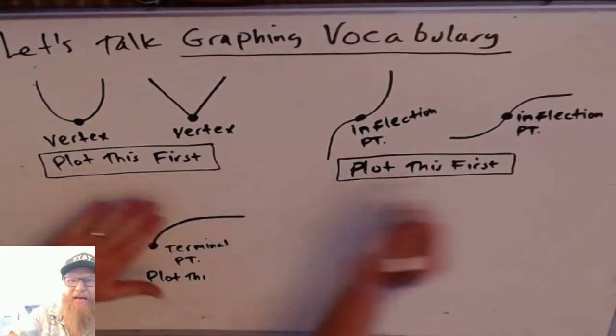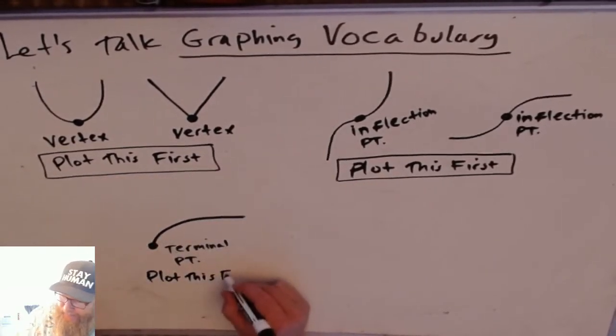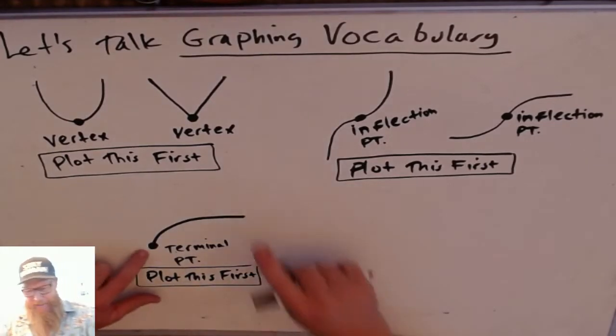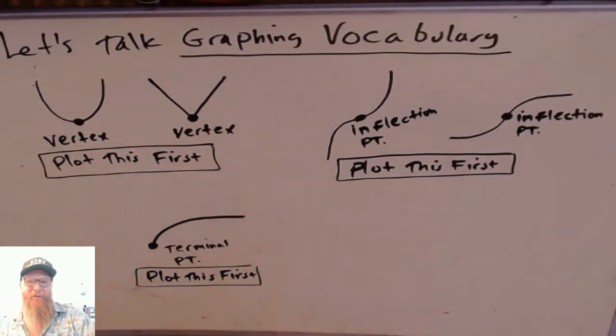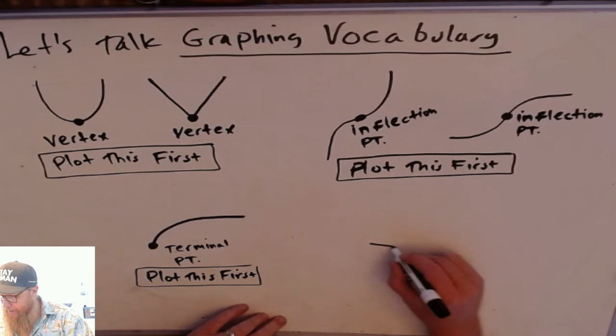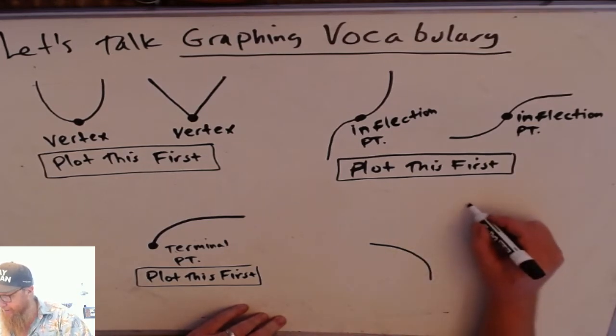I don't know why I'm writing this so many times. You're always going to plot these special points first. And it's good if you know what they're called, because then I'm going to be talking about them. So that's for the square root function. And then finally, for the reciprocal function, the reciprocal function looks like this.